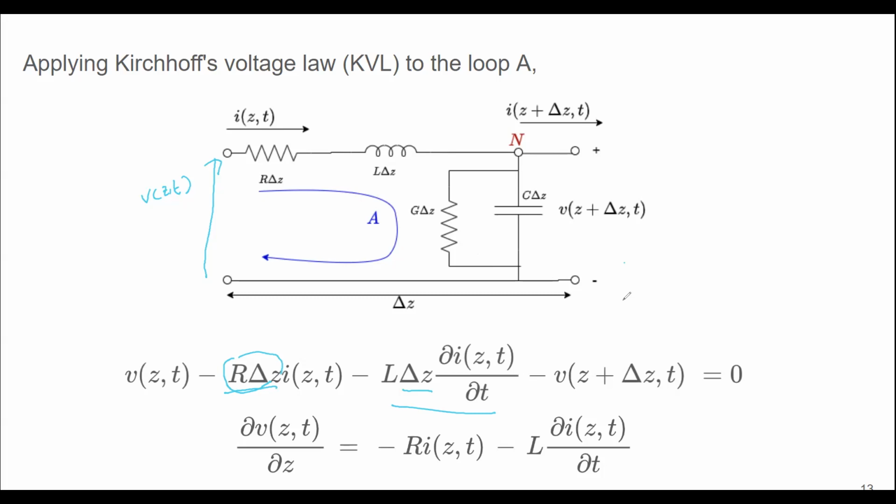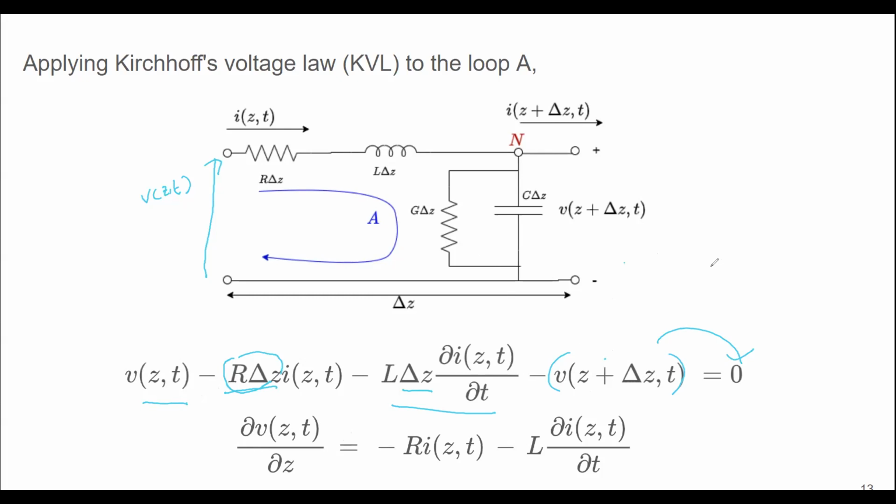So once we take the parameters of V(z) and take this term to this side and set it to the right side, we can take the difference between V(z plus delta z, t) minus V(z,t).